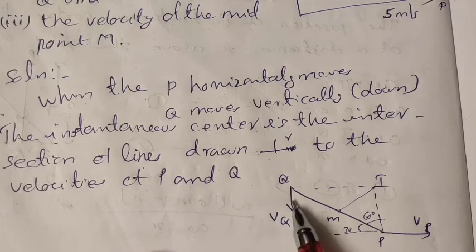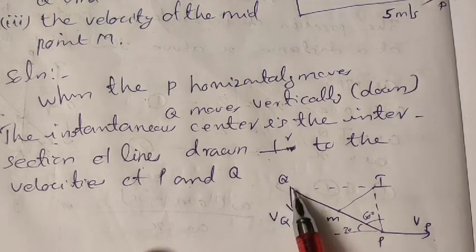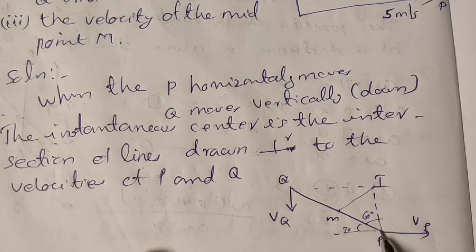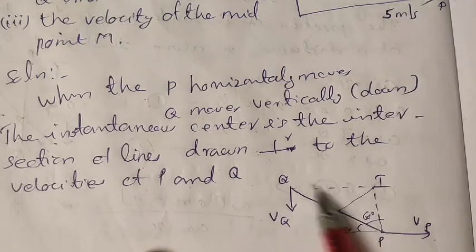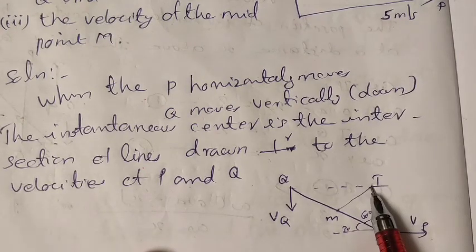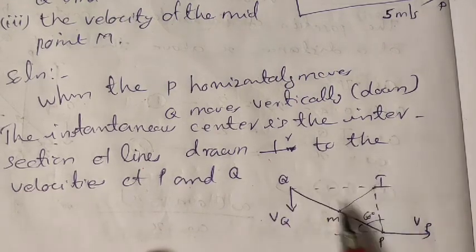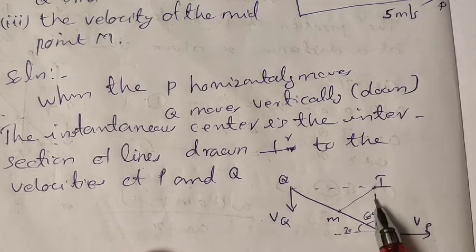This is the intersection point, called the instantaneous center, which we mark as I. This is how we calculate the instantaneous center of this diagram. So we got the I.